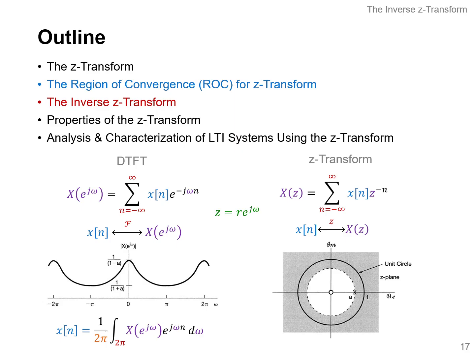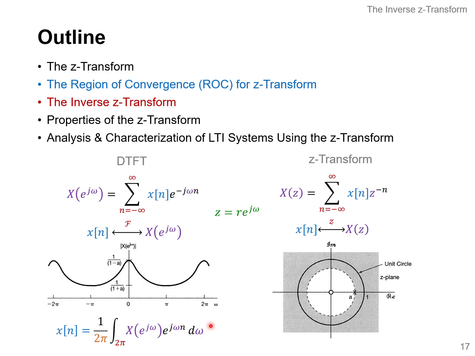We have learned about the ROC for the Z transform. Now we move on to the inverse Z transform. The inverse process takes a function in the Z domain and brings it back to the time domain. We use the idea from the DTFT to help us recover the original signal.